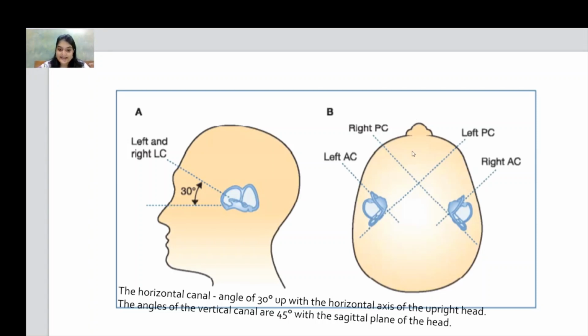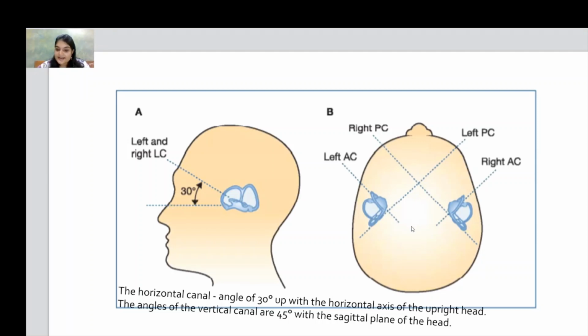Coming to the vertical canals, the angles of the vertical canals. This is the sagittal plane of the head. The vertical canals are at 45 degrees to the sagittal plane of the head. And you can see that this is the left anterior canal, left posterior canal, right anterior canal, and right posterior canal. The left anterior canal pairs with the right posterior canal.